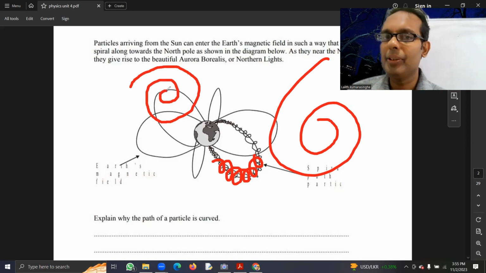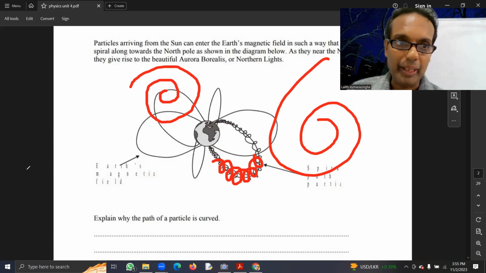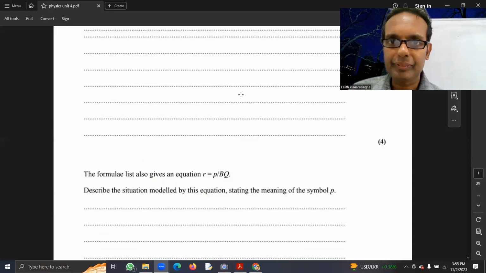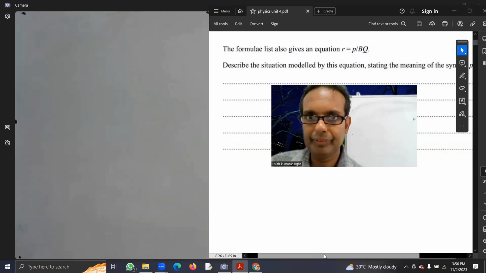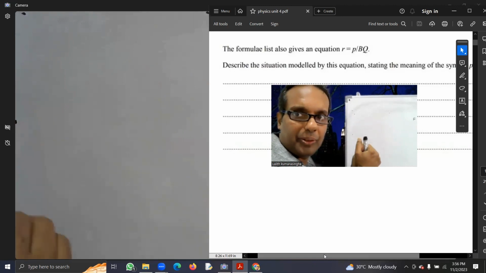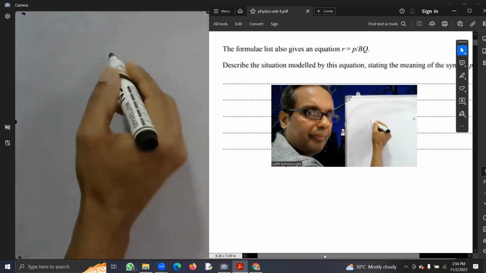So this should be circular motion. Okay, we'll go back. Now we know the particle is going in circular motion. We'll write down the equation and see.